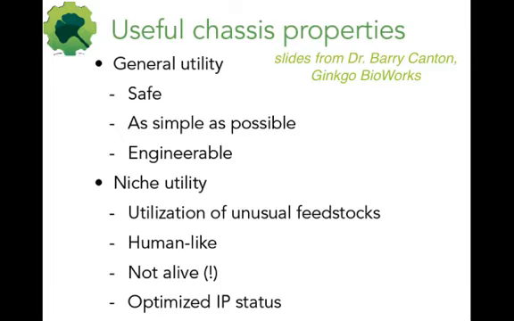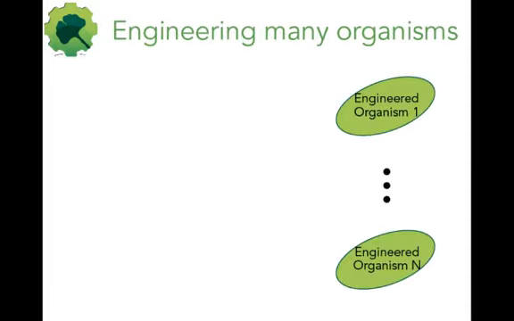So the first approach to engineering a chassis will be by starting with something close. So what I mean by that is if you have a bunch of organisms you would like to engineer called organism 1, 2, 3, dot, dot, dot, all the way to engineered organism N. So a whole slew of these.